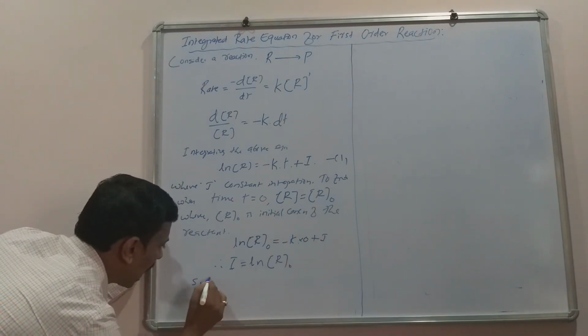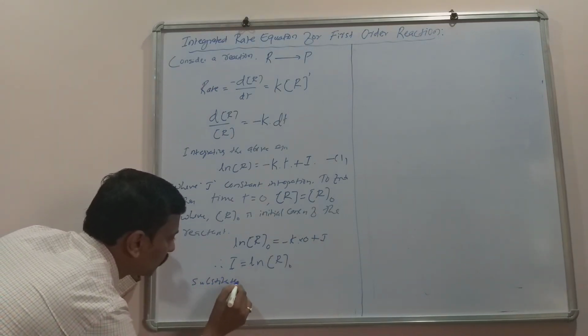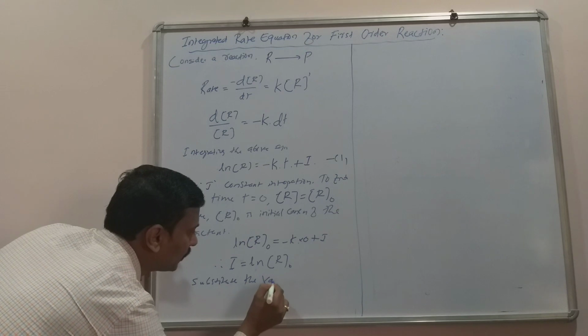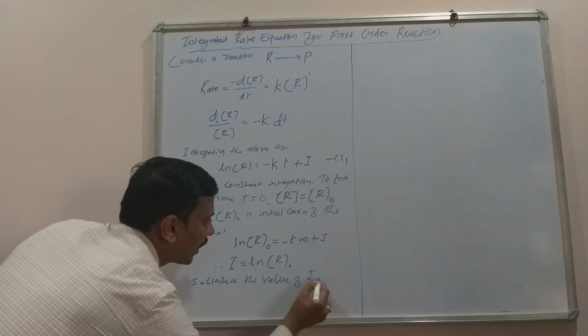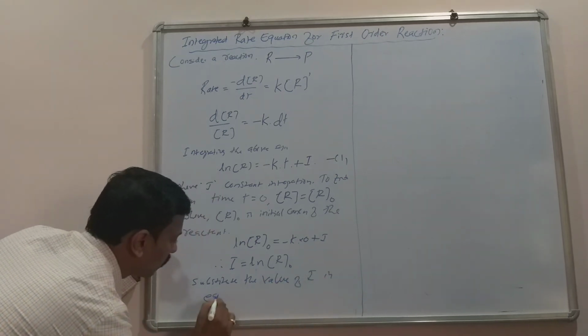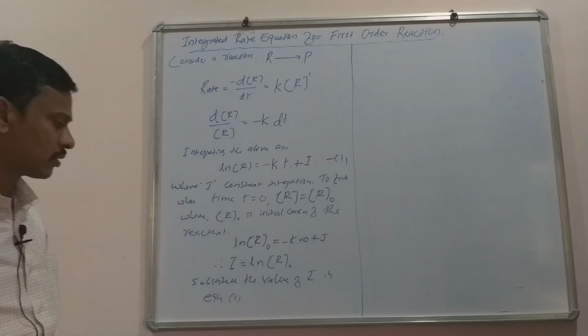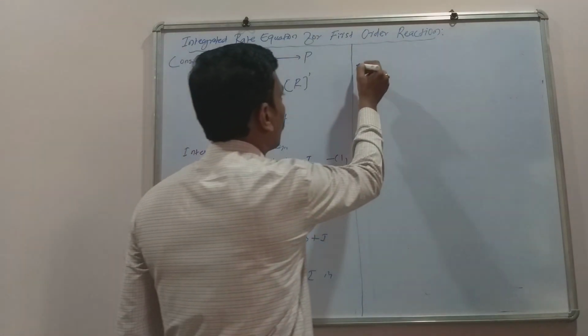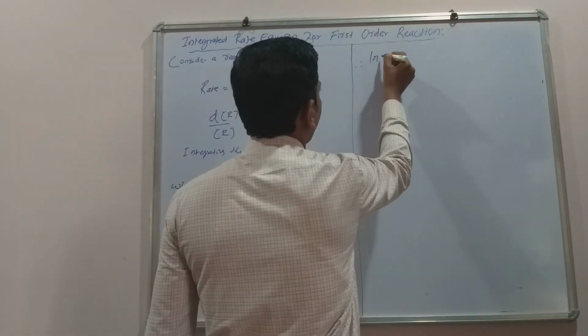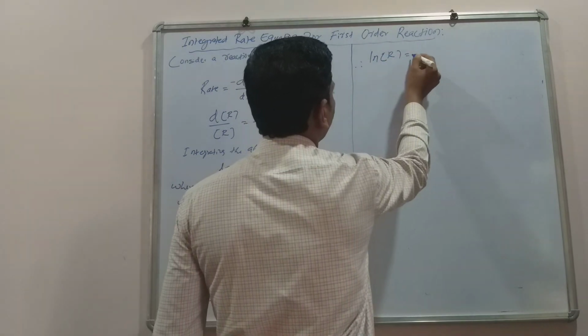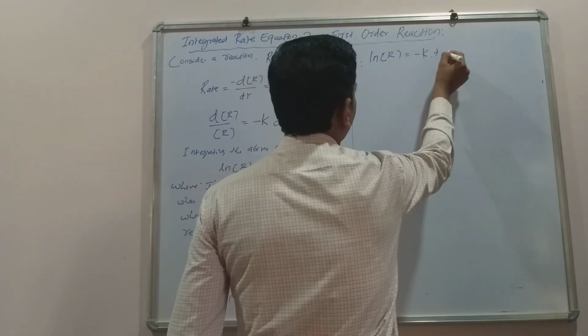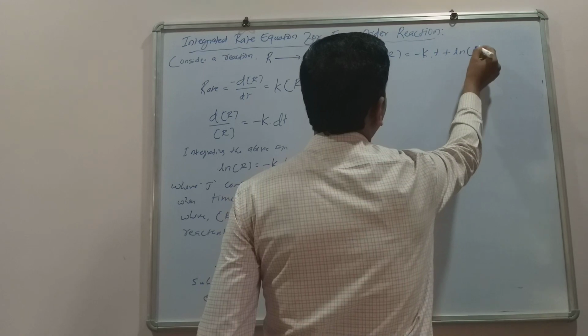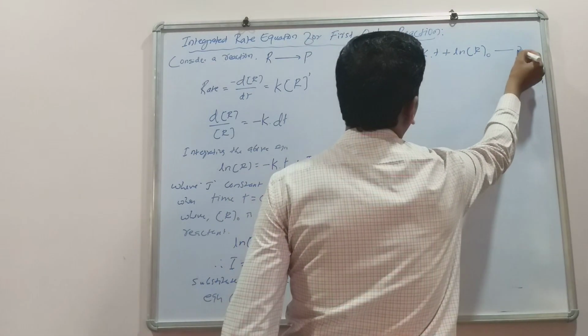Substitute the value of I in equation 1. Therefore, ln R is equal to minus k into t plus ln R naught. This is called equation number 2.